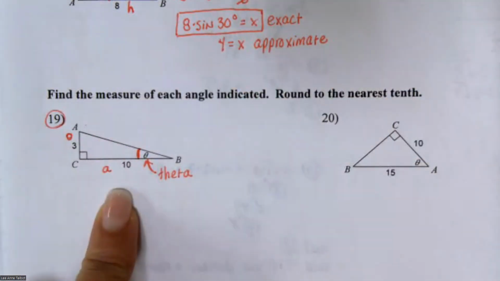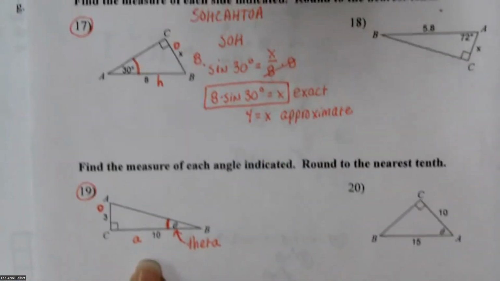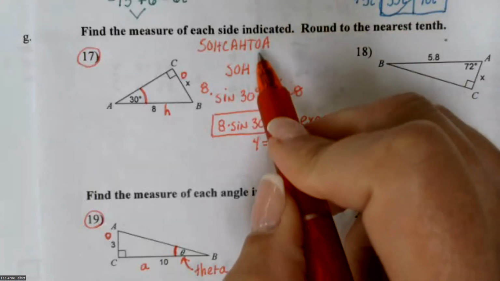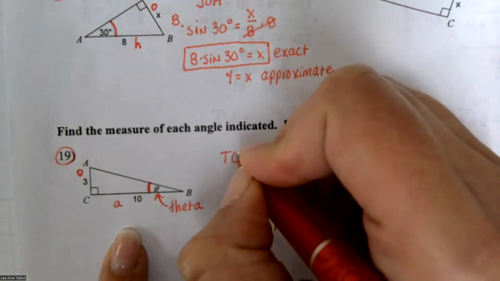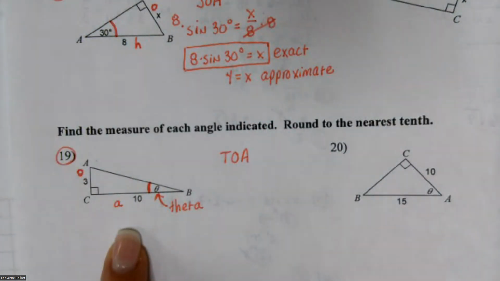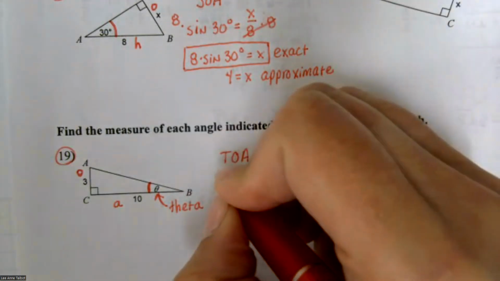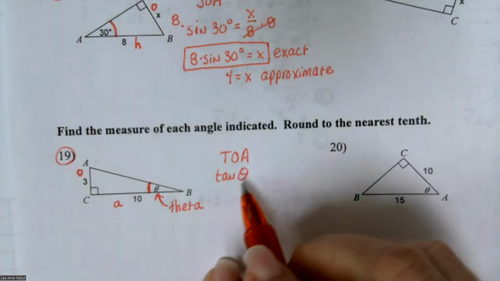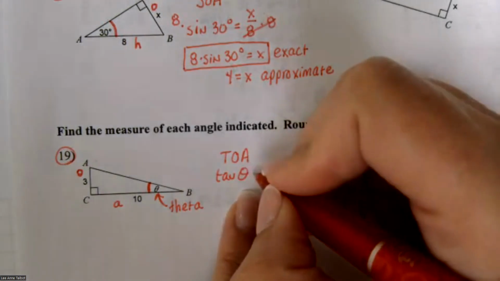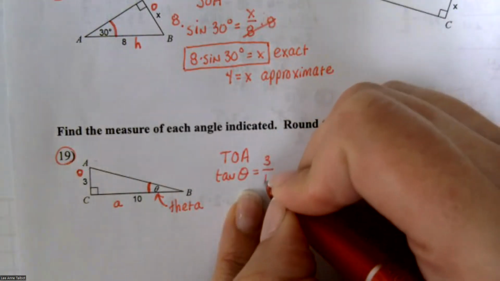So then you say to yourself, all right, this one has the O and the A, so I look back up at SOHCAHTOA, so that's going to be the TOA part. T-O-A. Tan of theta, you don't know the angle this time, so you're putting the variable there, equals opposite over adjacent.